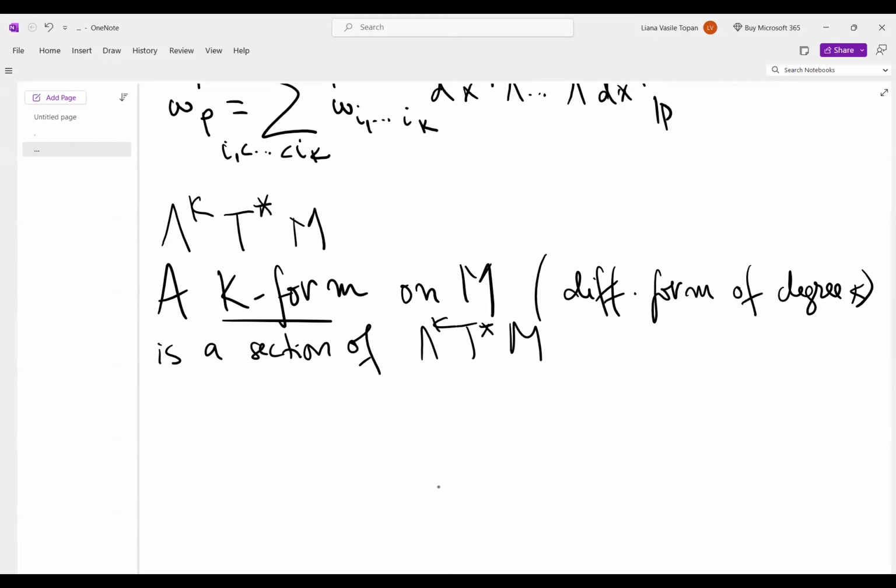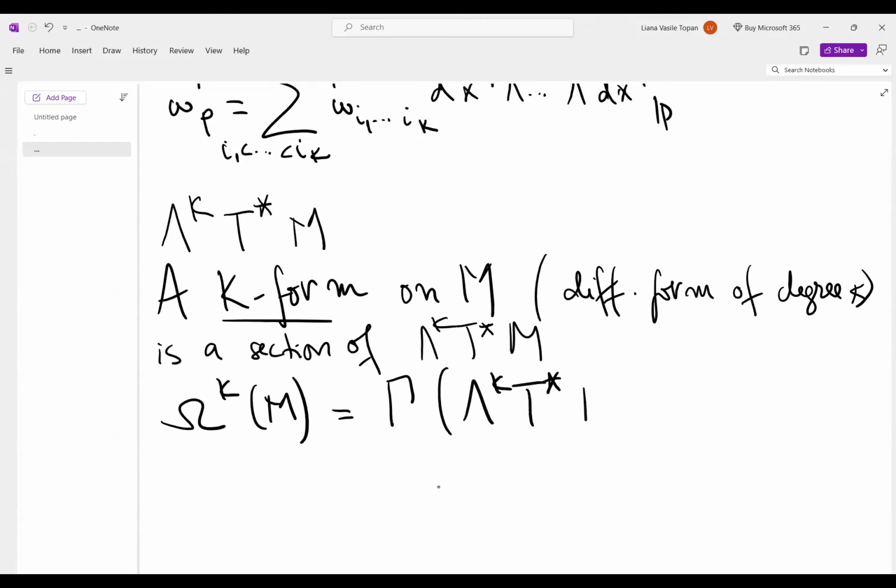That is, so we are going to denote them by something like this. This is the space of differential forms of degree k. The sections are denoted by gamma, if you remember from yesterday, so something like that.